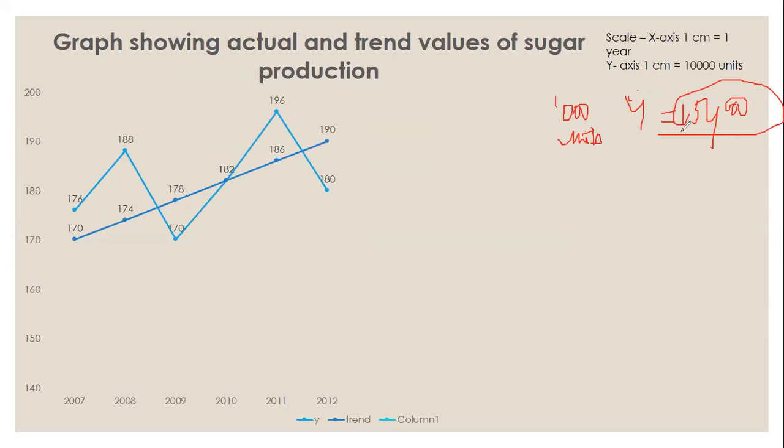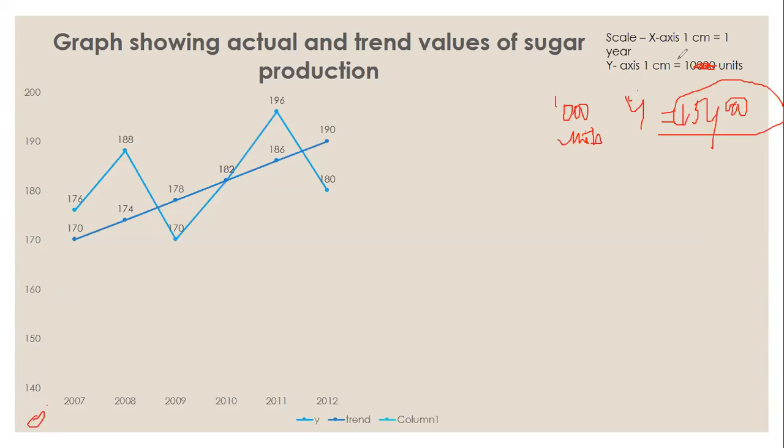So we are going to consider 10,000 units of data, or if you are getting confused, just make it as 10 units. 1 centimeter is equal to 10 units. And here we are considering it from 140. We consider this point as 0, and from here we will consider 140, 150, 160, 170. I think you can also start from 160. That also will give you a good view.